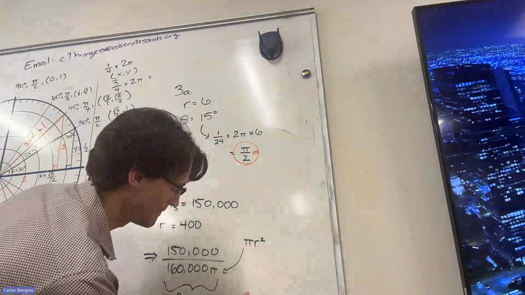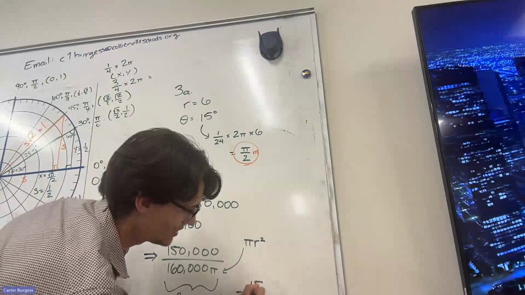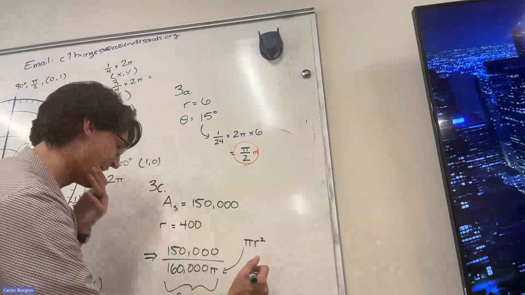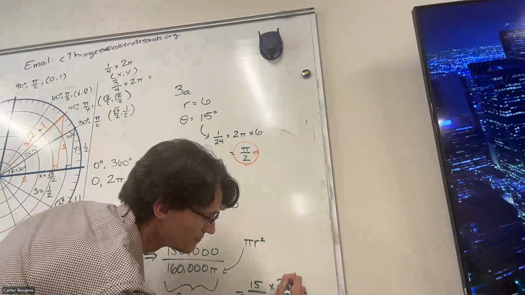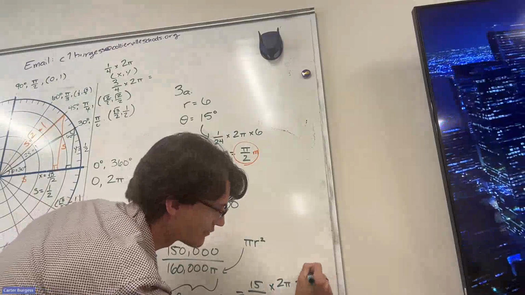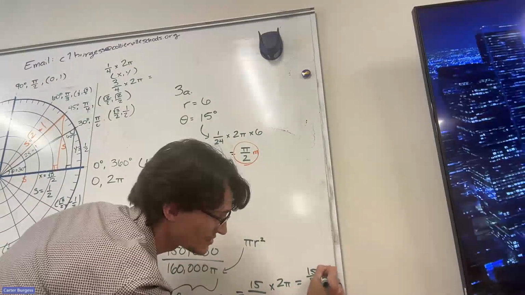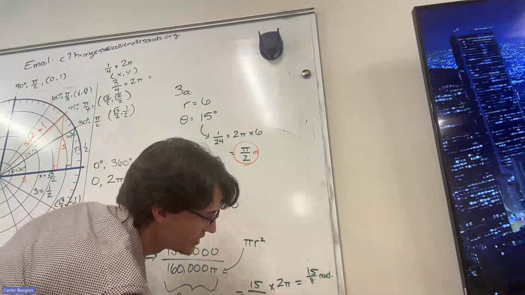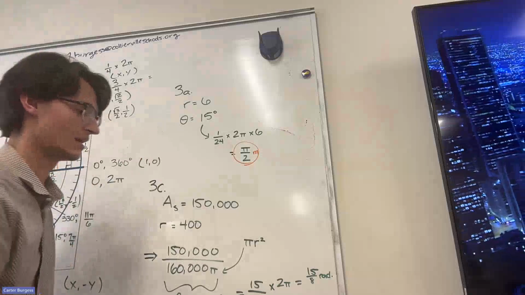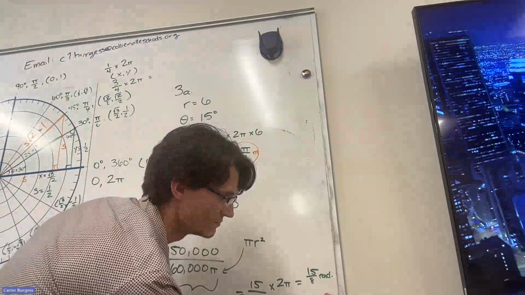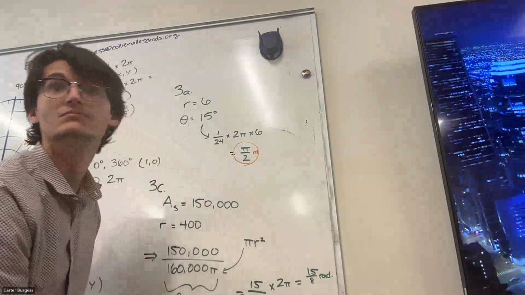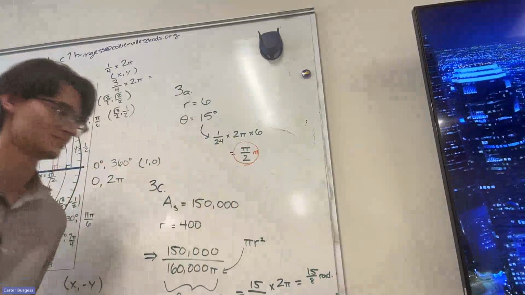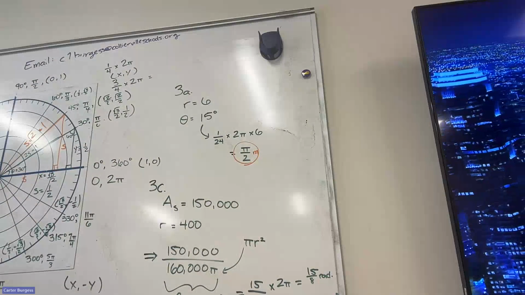You get 15 over 16 pi. If you multiply this by 2 pi, you get 15 over 8 radians. Or if you multiply this by 360, you get like 107 point something, 43, sure. And that would be in degrees. Either way, it's fine.